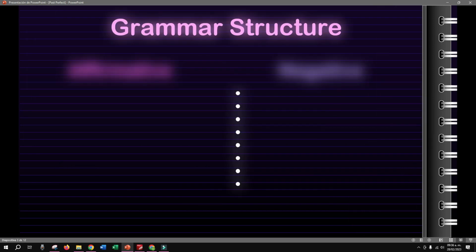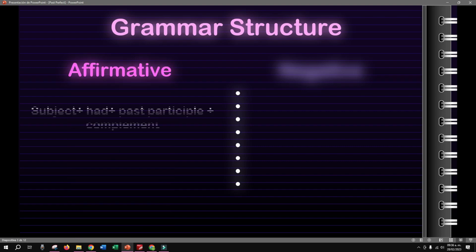So, do you also have the grammar structure of that? For the affirmative form, you should have, first of all, the subject plus had. In this case, the auxiliary will be in past. So you have had. In present perfect, you have or has, depending on the subject, right?